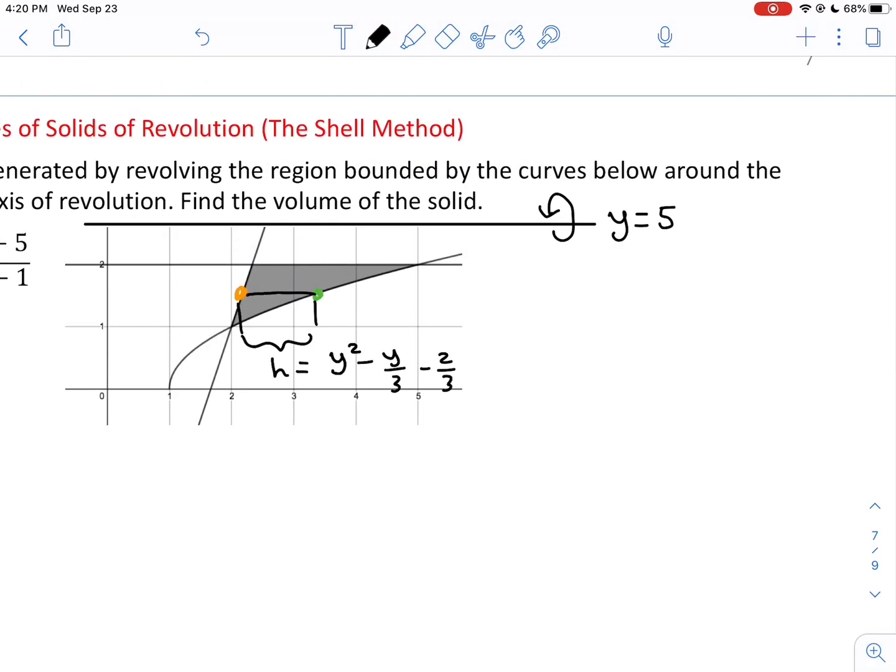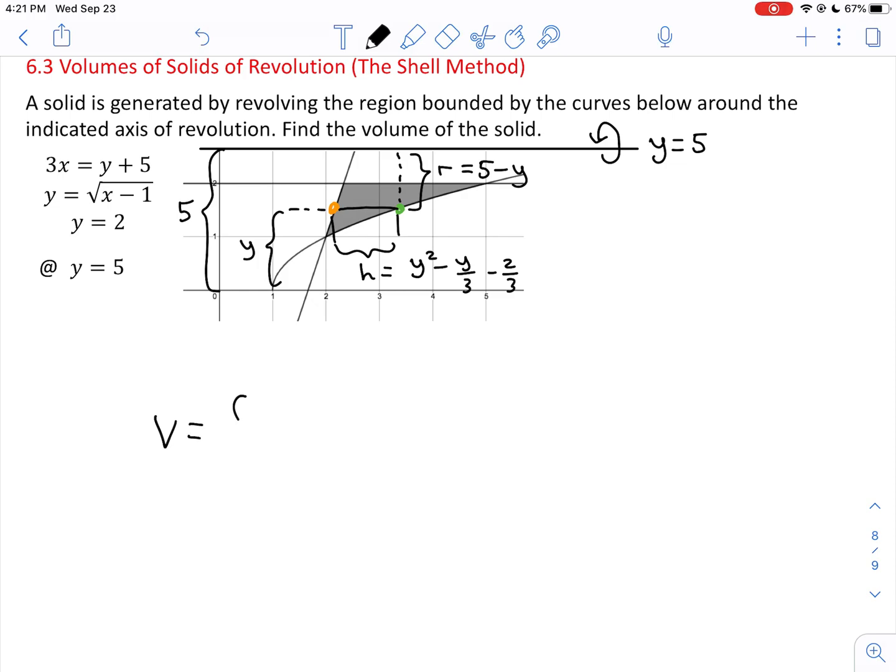But now for the radius of revolution, we want to say, well, how far is the strip that I've drawn from the axis of revolution? Okay, so how far is this strip above the x-axis? That length is y. Well, how far is the axis of revolution above the x-axis? That length is 5. Remember, this is not to scale. So r should be the longer length 5 minus that shorter length y.